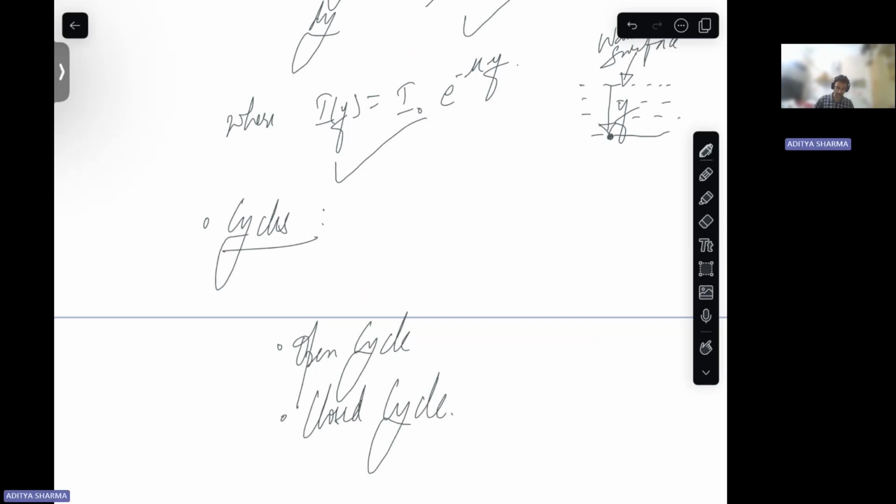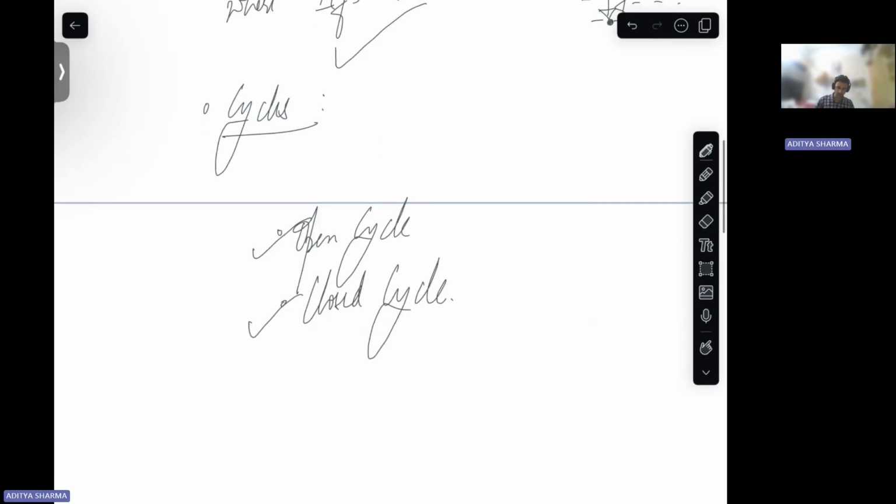So that is basically your open cycle and closed cycle. They have been given names also. So open cycle is your Claude cycle, and this is your Anderson cycle.